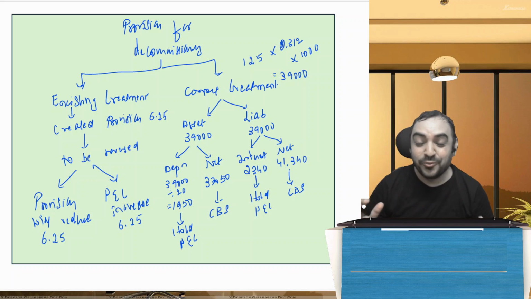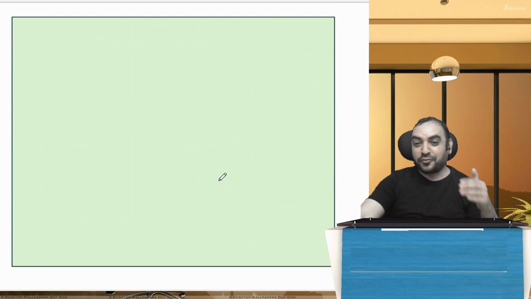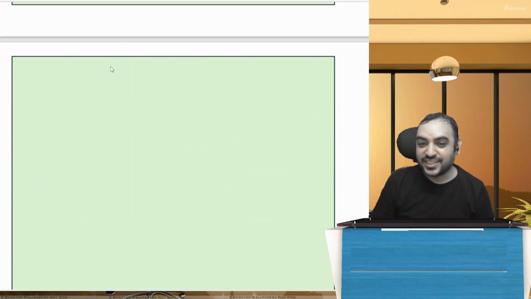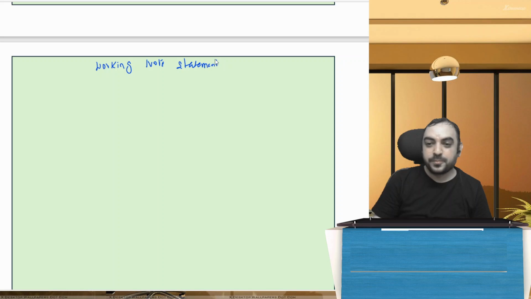Okay, so these are the working notes. Now we can prepare our regular working note format, and then we can go for the consolidated balance sheet. So our working note statement for consolidation.